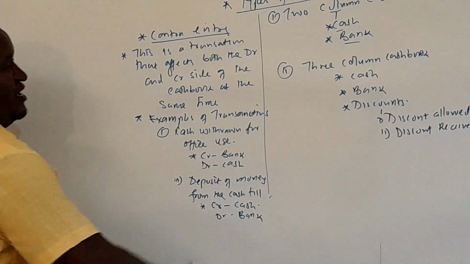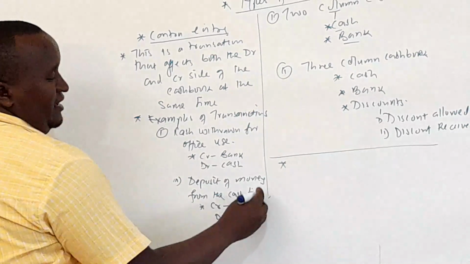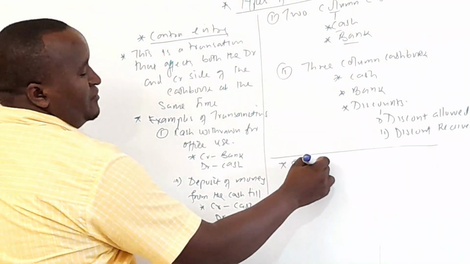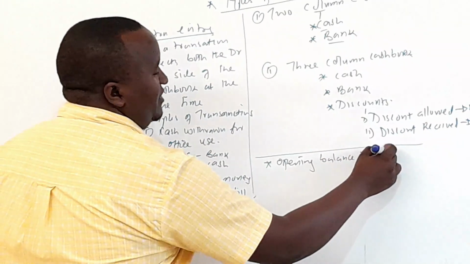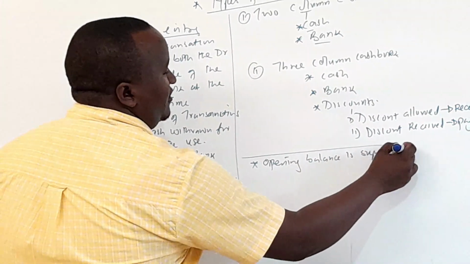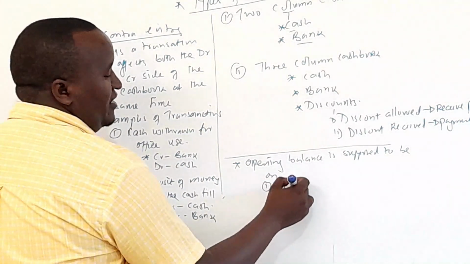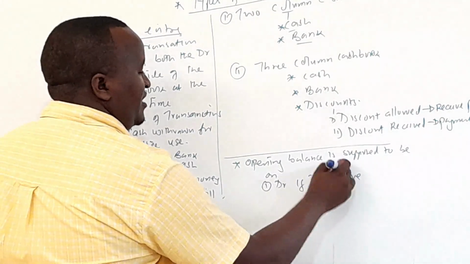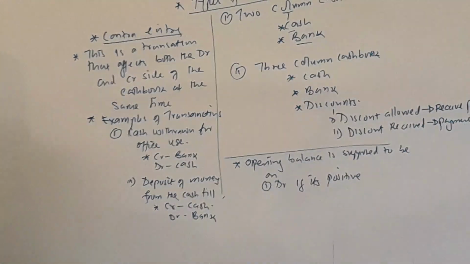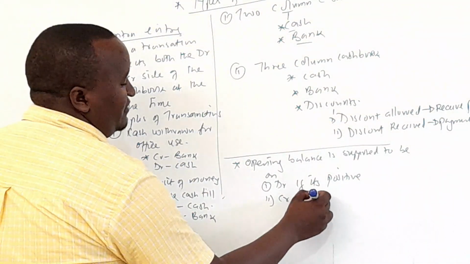And again, the other thing you should note, still under the cash book, is that ideally the opening balance is supposed to be on the debit side if it's positive, and on the credit side if it's negative.